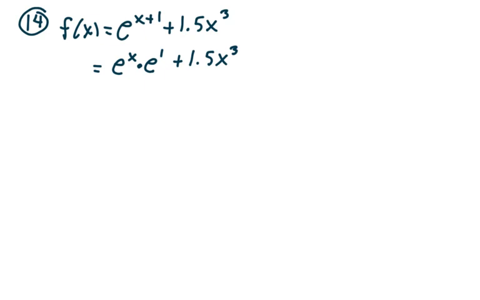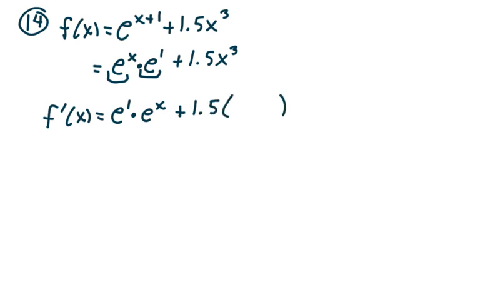Now I can take the derivative. F prime of x. Now the e is going to go along for the ride, okay? And then the derivative of e to the x is just e to the x, right? And then I'm going to go plus 1.5. Now, what's the derivative of x cubed, right? The constant just floats along.